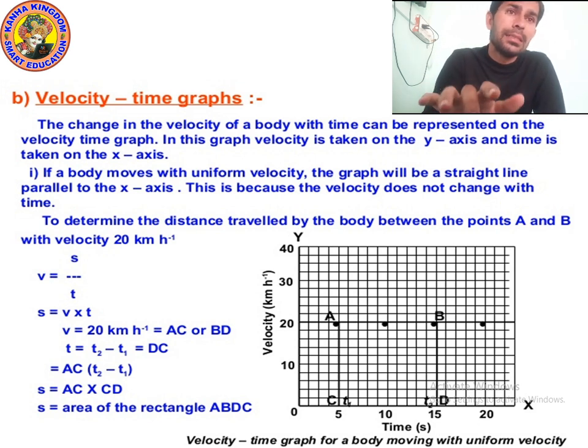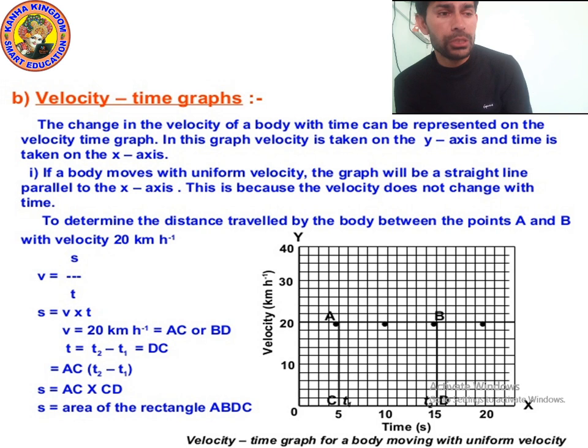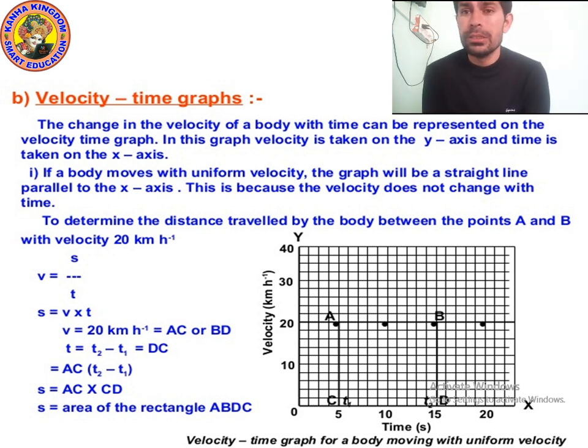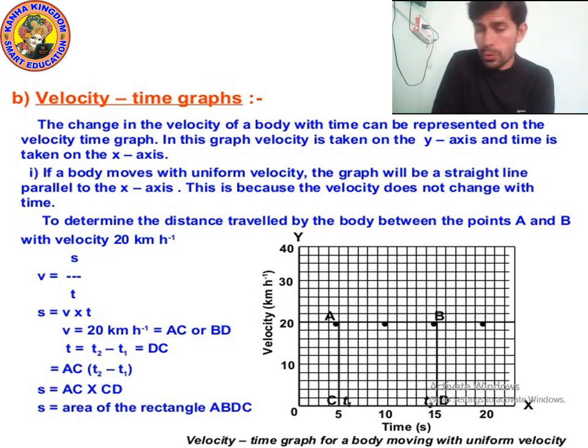We also studied acceleration. Acceleration is the rate of change of velocity, or the change of velocity of a body per unit time. The formula for acceleration is change in velocity upon time.